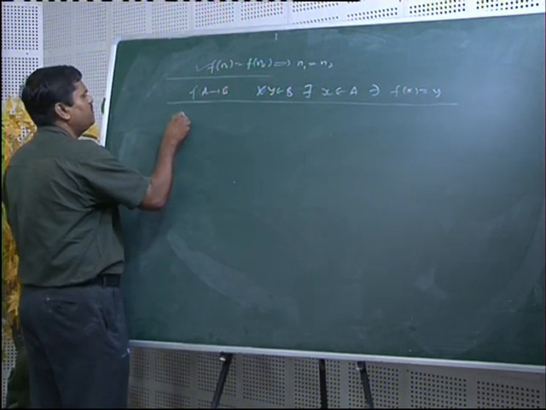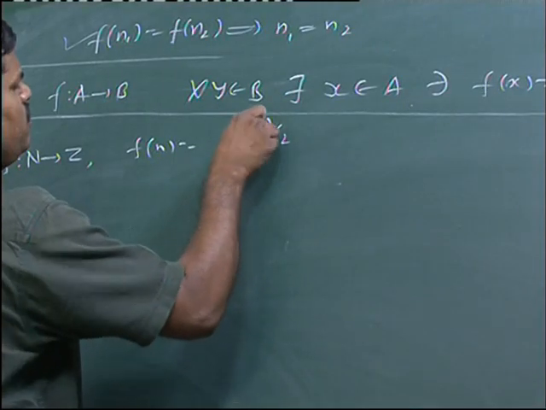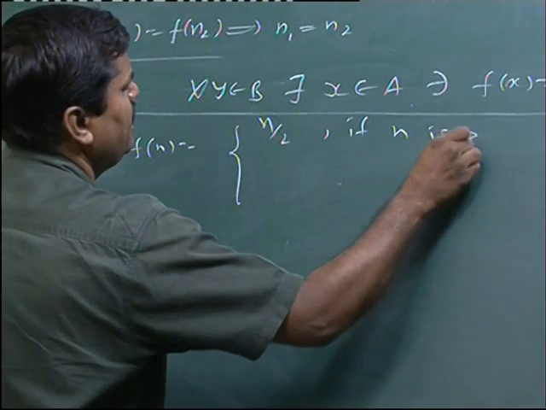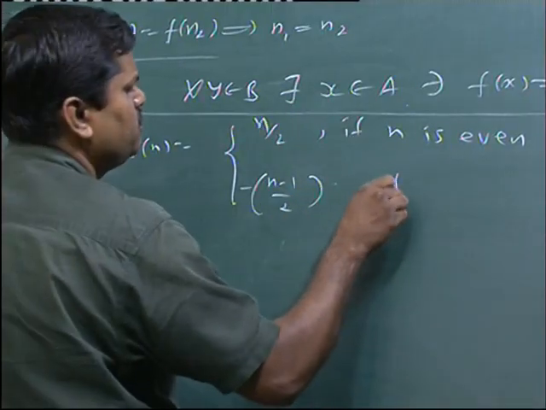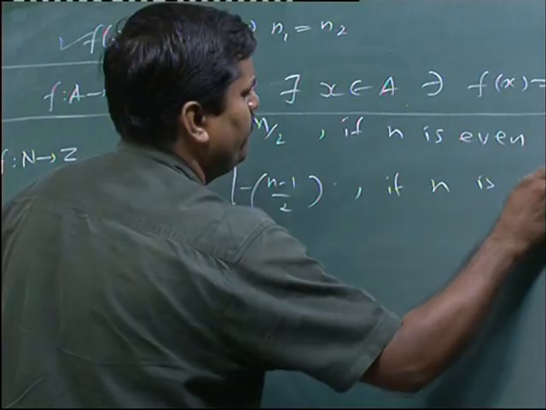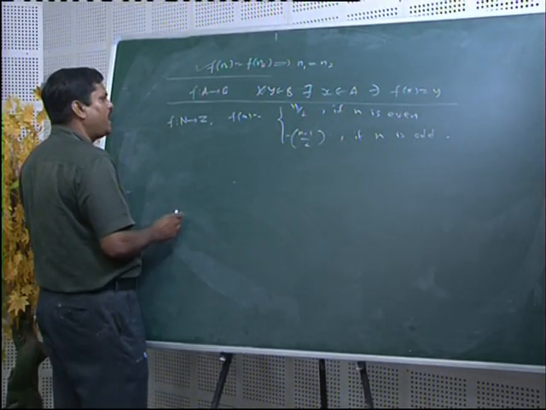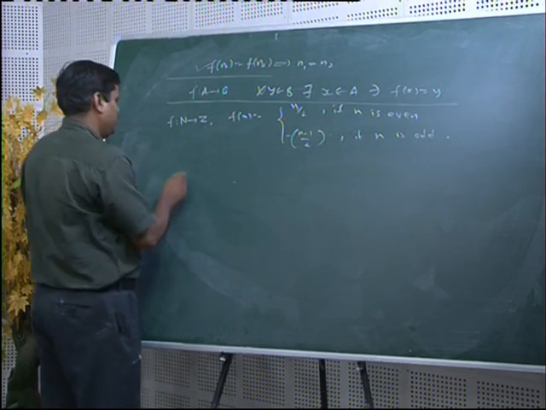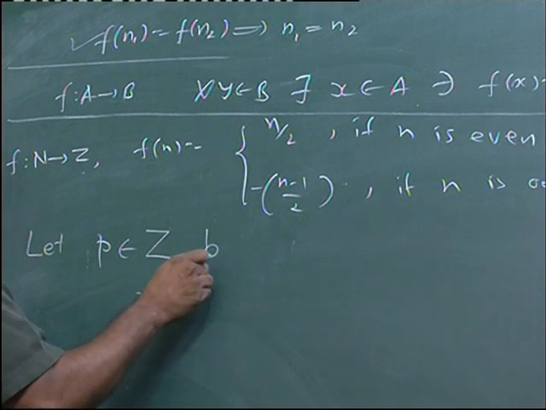Our function is from N to Z given by f(n) is equal to n by 2 if n is even, and minus of (n minus 1) by 2 if n is odd. Okay. Now, I am taking any element from the codomain, say y or p, let p belong to Z be given.